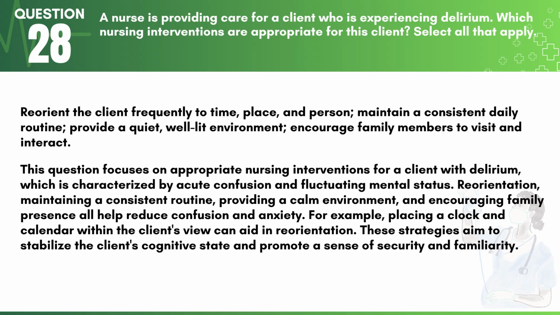Reorientation, maintaining a consistent routine, providing a calm environment, and encouraging family presence all help reduce confusion and anxiety. For example, placing a clock and calendar within the client's view can aid in reorientation. These strategies aim to stabilize the client's cognitive state and promote a sense of security and familiarity.